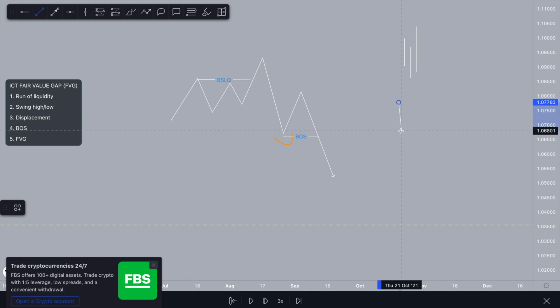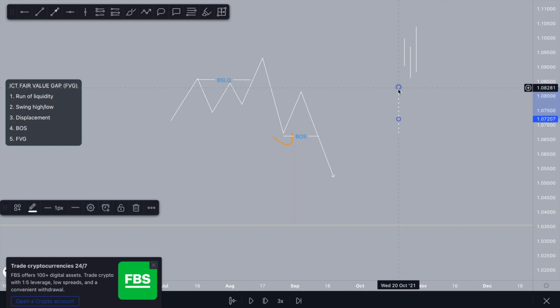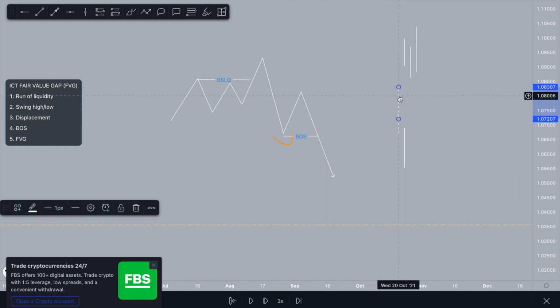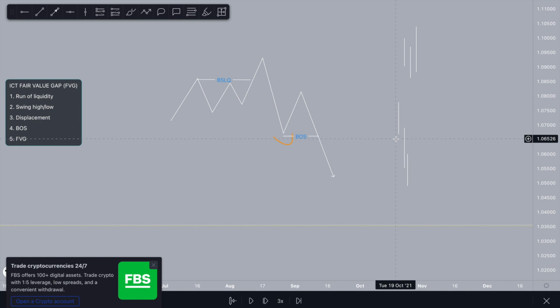This is our first candle, here would be our second candle, and then here would be our third candle. This is our second candle. Normally, as we established, it's a powerful candle between the first and the third candle. So here we have a powerful candle.